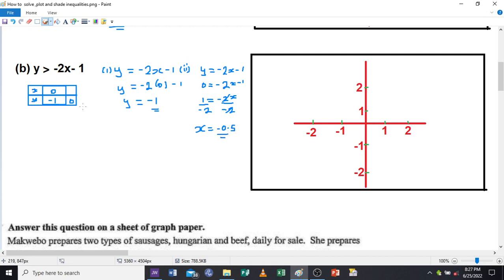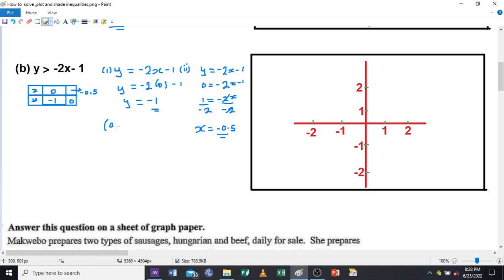Good. So I'll just write it outside here because it won't fit there. For if the value of y is 0, then our x will be -0.5.